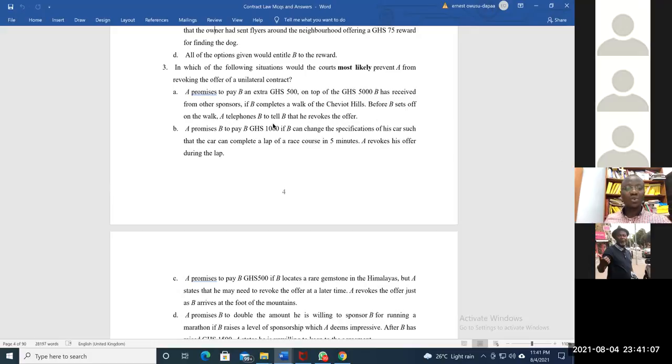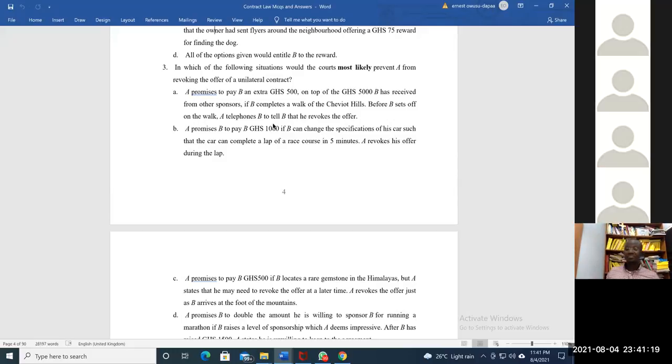So let's come back to 3. I want a statement of the principle regarding revocation of an offer of a unilateral contract. What is the principle of law? Yes. Barrister, you want to state it?